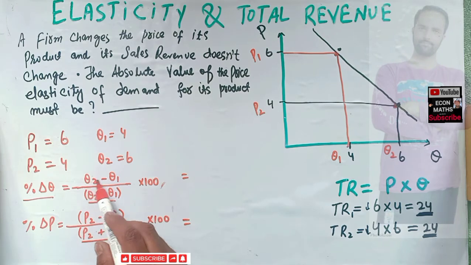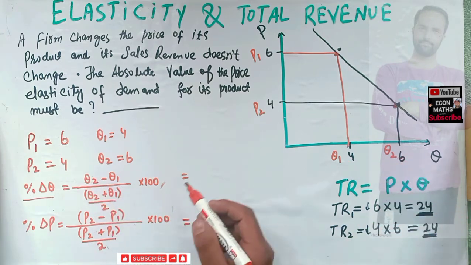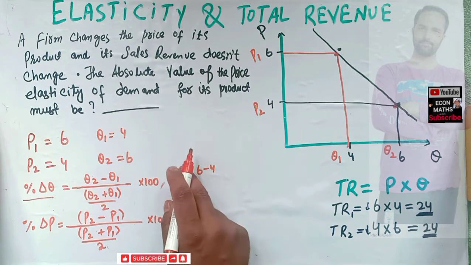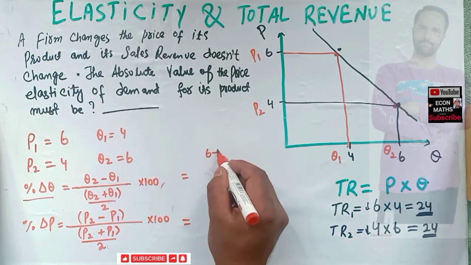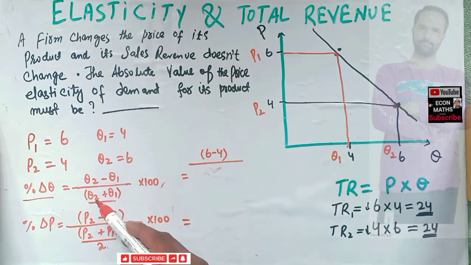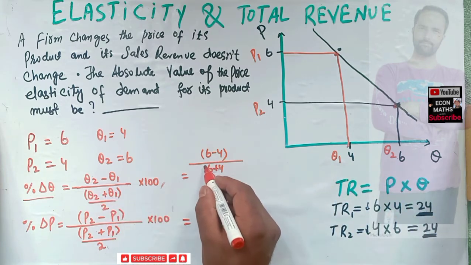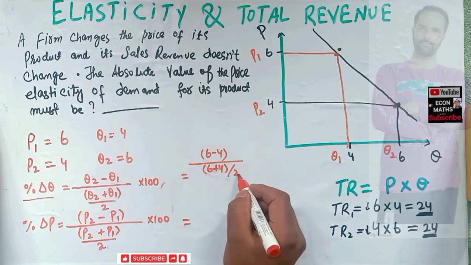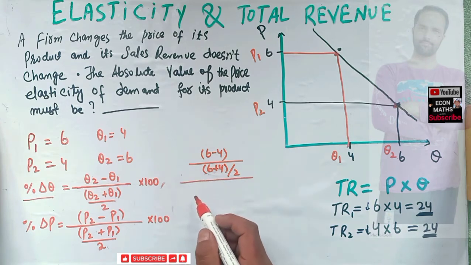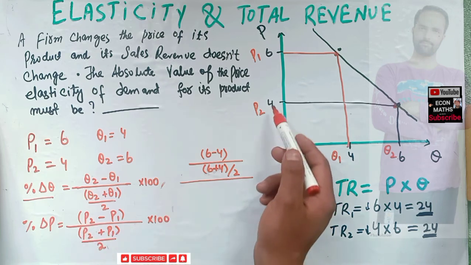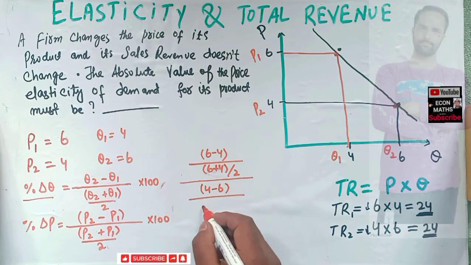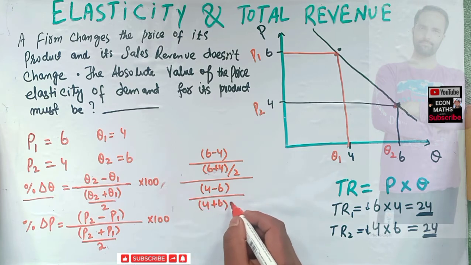So Q2 minus Q1, Q2 is 6, Q1 is 4, so we have 6 minus 4 divided by 6 plus 4 divided by 2, whole divided by P2 minus P1, that means 4 minus 6, then 4 plus 6 upon 2, which is the average.